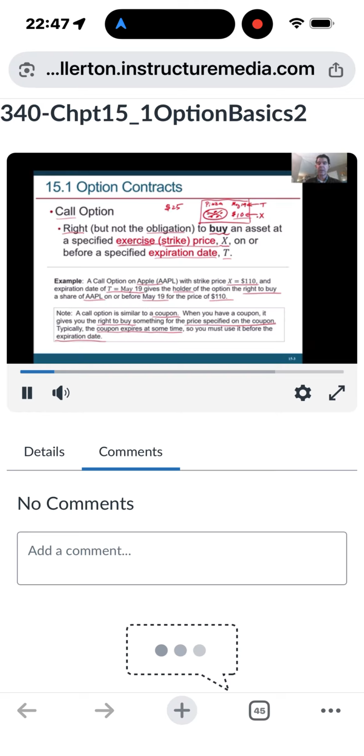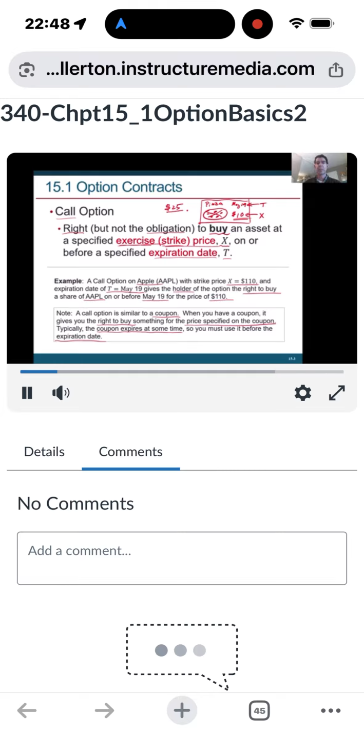It's going to save you the difference between $25, the price of pizzas right now, and the strike price, which is the price on the coupon. And that difference is $15, right? 25 minus 10. So this coupon would save you $15. That would be basically the value of the coupon, after you've already purchased it.